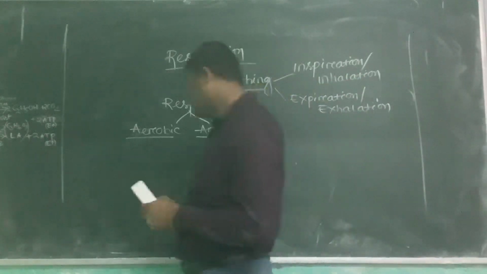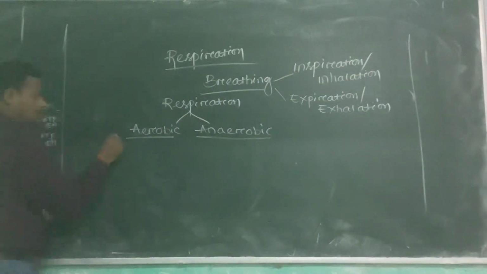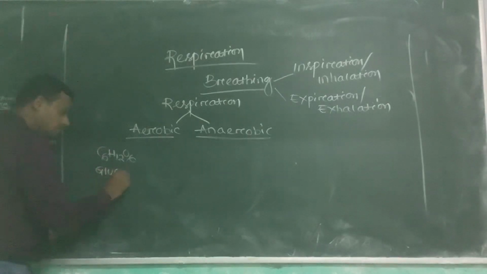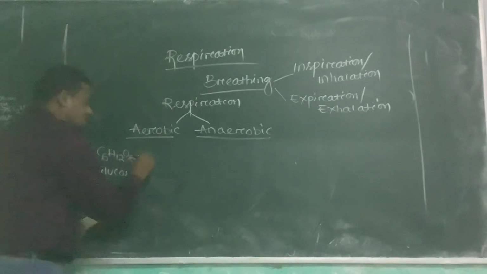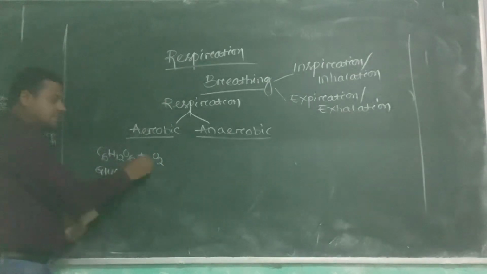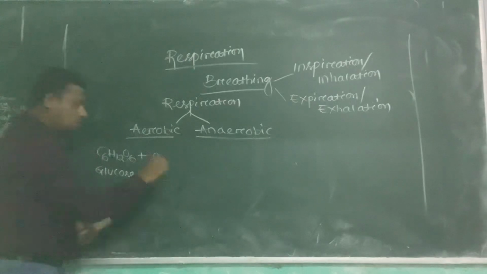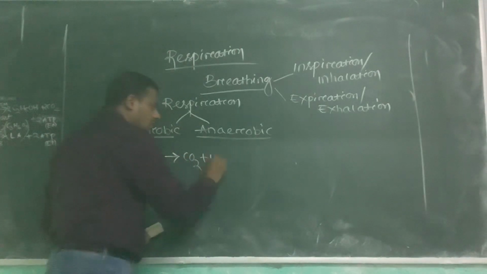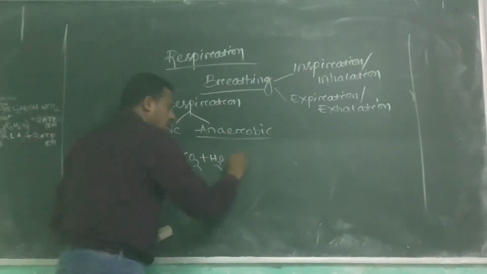For example, glucose, the formula is C6H12O6. That is a simple carbohydrate or simple sugar, which is called glucose. It is oxidized in the presence of oxygen to produce carbon dioxide, water and energy.